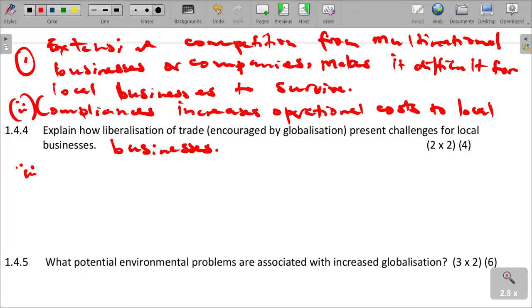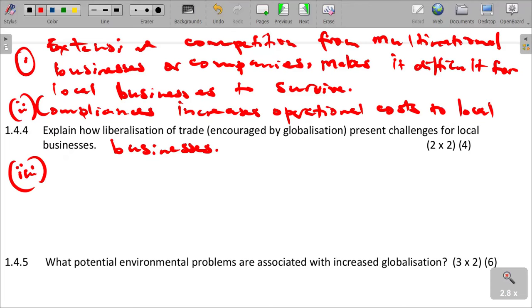We can also talk about how, because of globalization, the issue of standards is becoming quite complex, which becomes a challenge to local businesses.